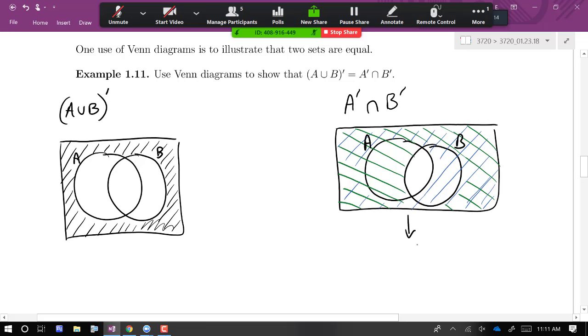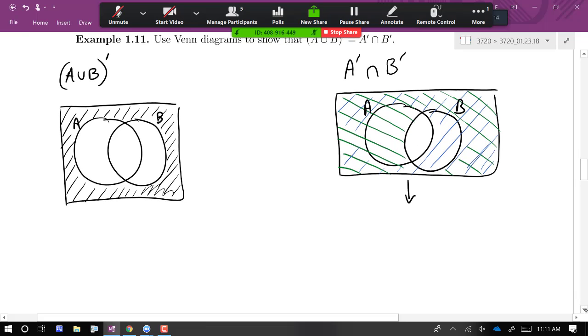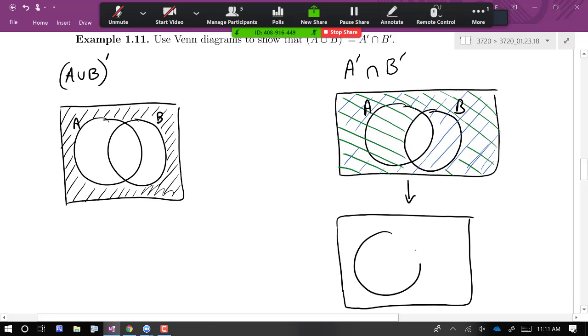Because if I'm looking for the intersection, I want to include everything that was shaded twice. Any of the regions that I only shaded with just blue or just green, I don't want to include those. If I want the overlap, the intersection, it's only the stuff that was shaded both blue and green. And the stuff that was shaded twice is all this stuff on the very outside.